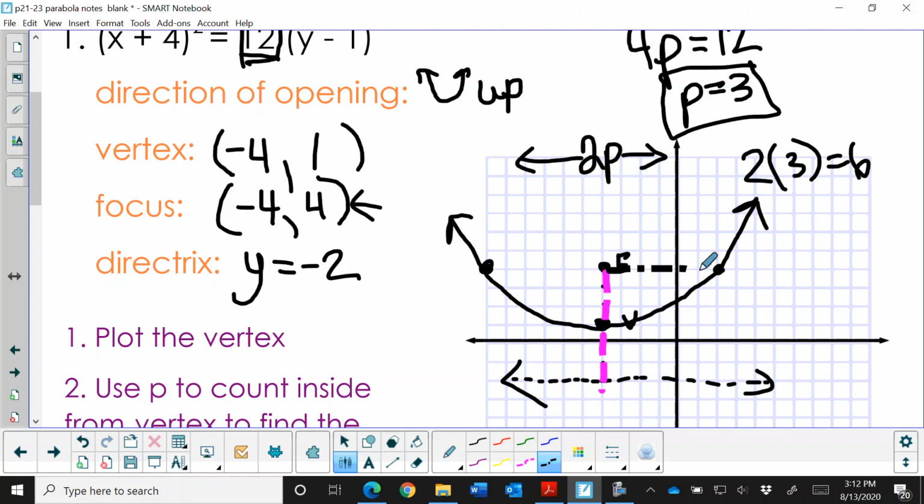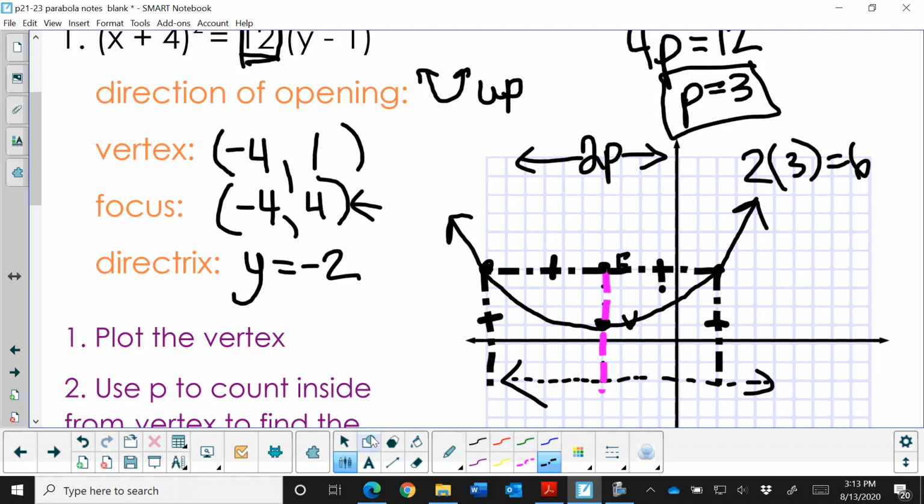So this distance from the focus to the point on the graph is equal to this distance. Those two are equal distances. Same here, this distance is the same as this perpendicular distance. Boom. So every point on this parabola is equidistant from the focus and the directrix.